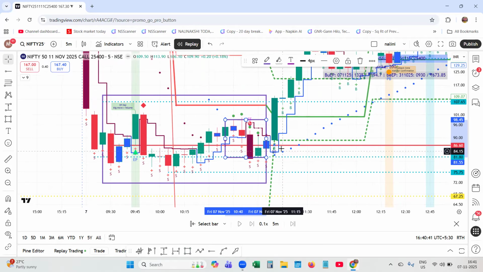Expansion is warranted, and when price started moving above this episodic pivot level, there was a blast. You can see from 86 to a single candle blast of 109. 86 to 109 means 23 points in a single candle. Who can create that? Only big money can create this wide range bar.